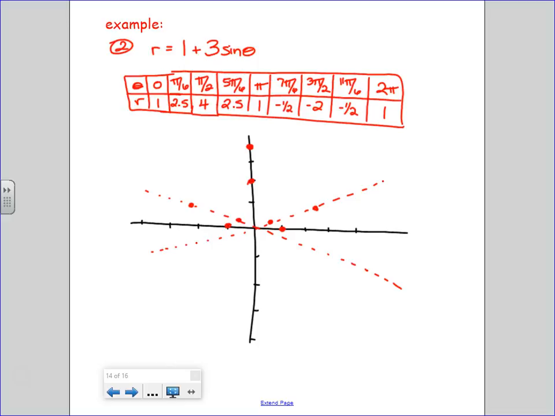Did you guys figure out what it looks like? I think it's a limaçon with an inner loop. I'm not finished cracking yet.